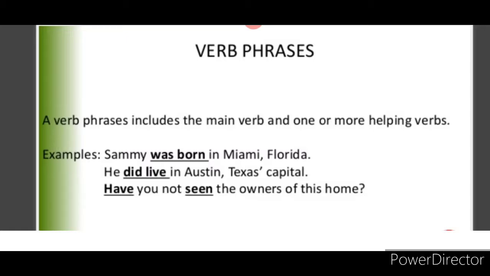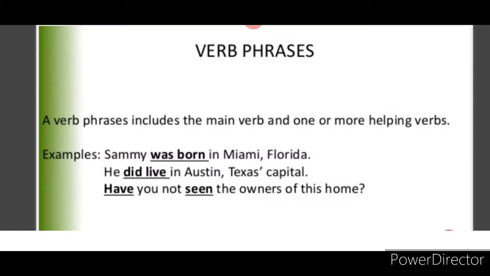What are the helping verbs? To be forms, to have forms, to do forms, and modal auxiliary verbs. What are the to be forms? Is, am, are, was, were, is being, am being, are being, were being, been, being. They are all to be forms.